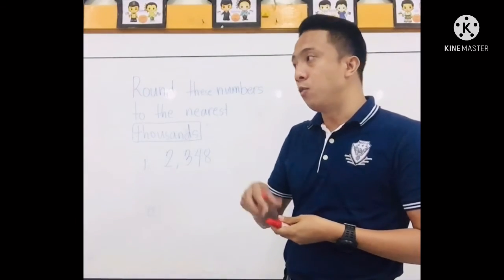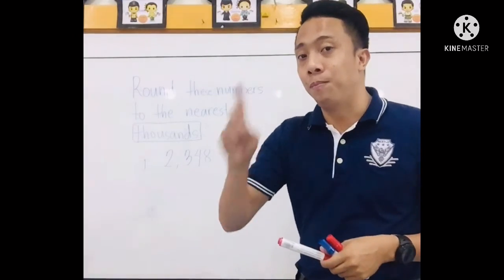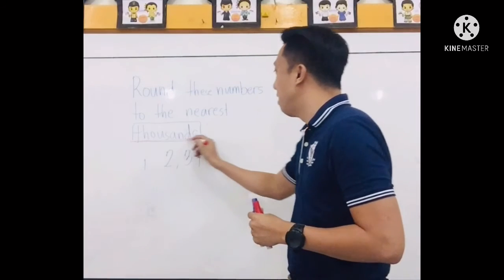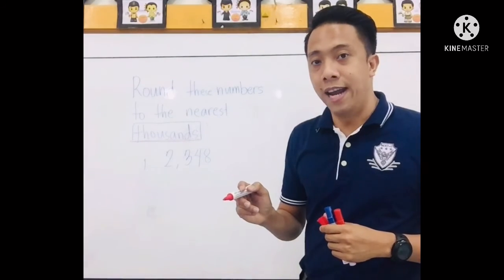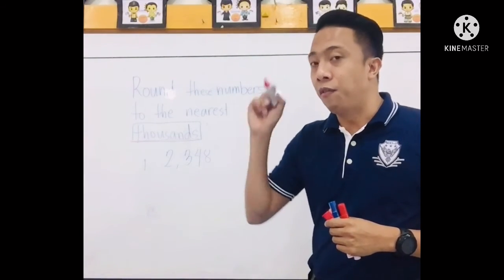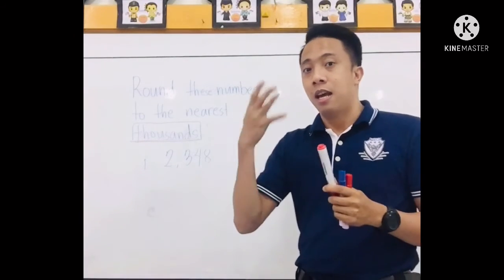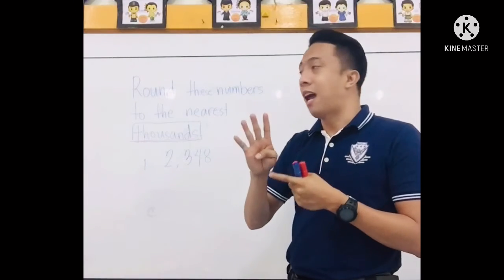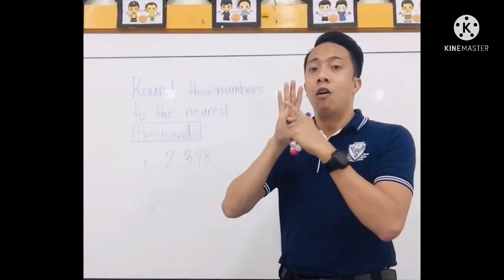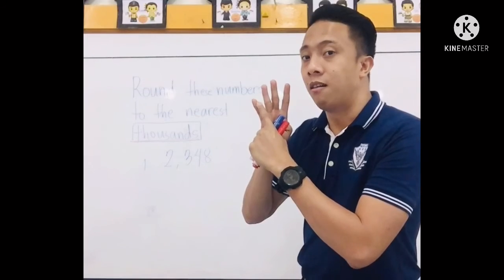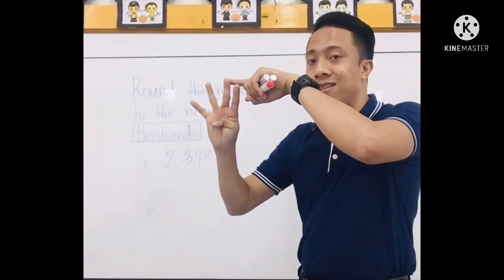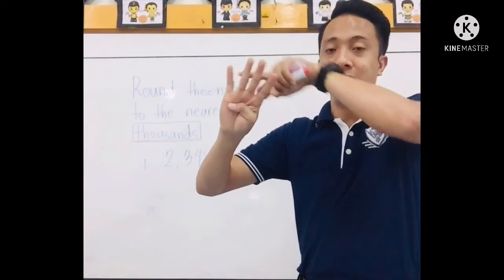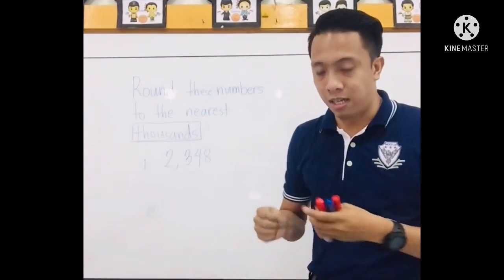Let us first do the first reminder. The first reminder is we need to identify the given place value. Our given place value is thousands, right? If you count on your fingers using the place value words, ones, tens, hundreds, thousands, so thousands is on the 4th digit.